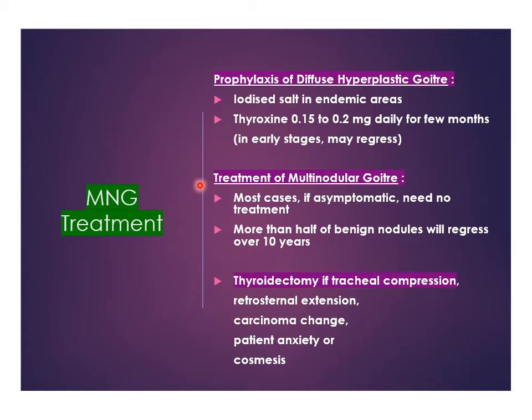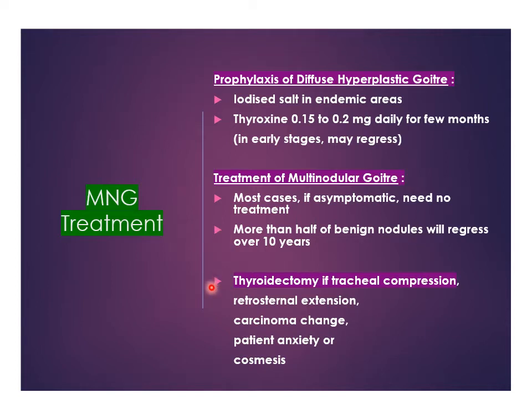In general, the treatment of multinodular goiter, in most cases, if asymptomatic, no treatment is needed unless for cosmetic reasons. More than half of benign nodules will regress over 10 years, okay, long term.